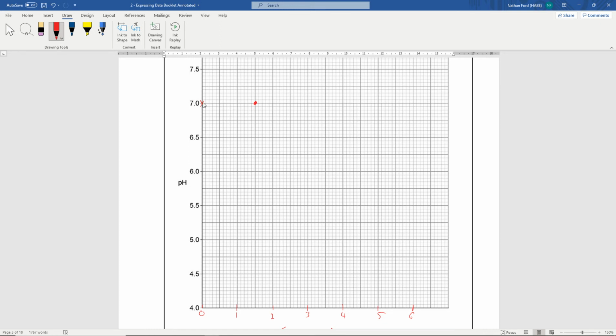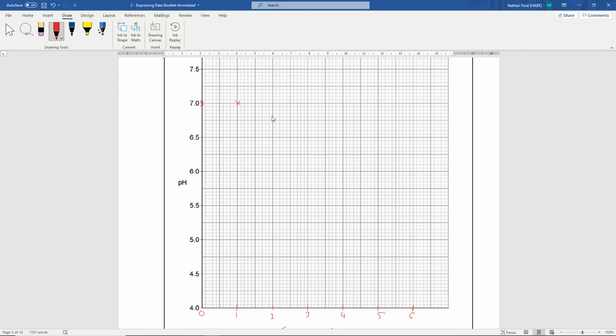If I put a cross, I know the intersection in the middle is the value, rather than the side, above, or below. It creates more possibilities for error. So always use a cross to draw your points. At 1, it's still 7. Okay, you can even see the accuracy is slightly off, but it's still within my tolerances.